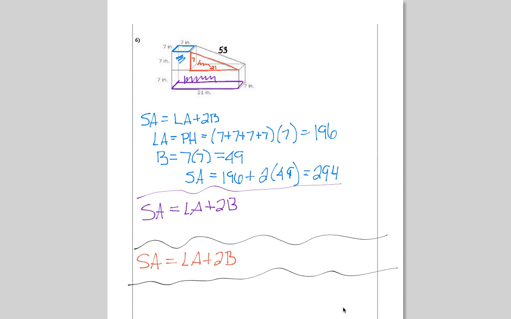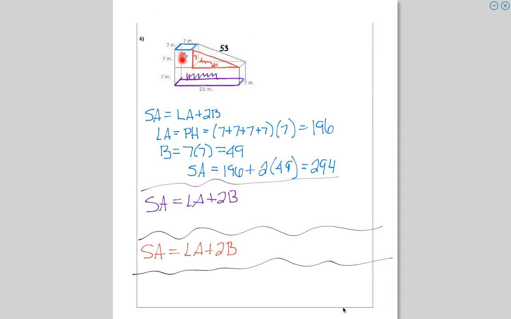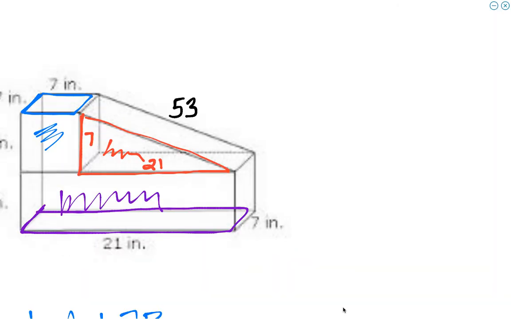And then don't forget, you're going to be adding up the surface area for the blue, the surface area for the purple, and the surface area for the red, but you will need to subtract where they're all glued together.